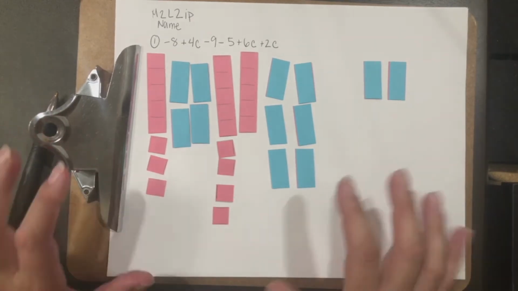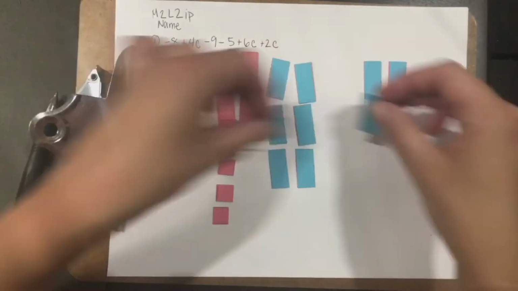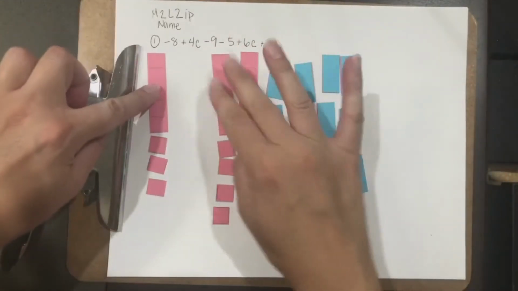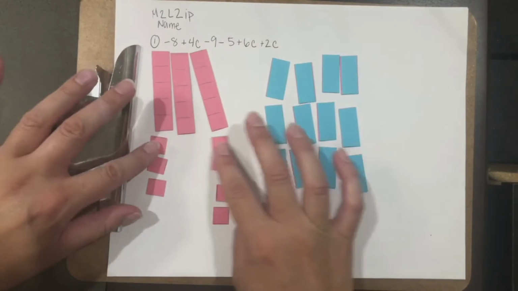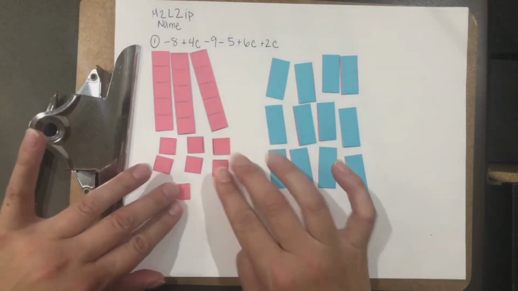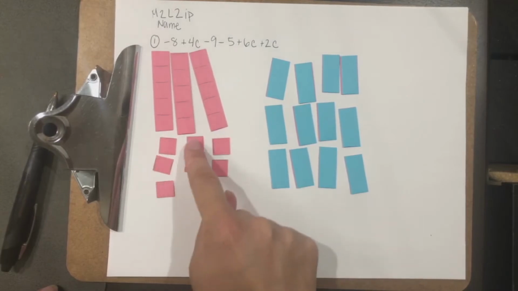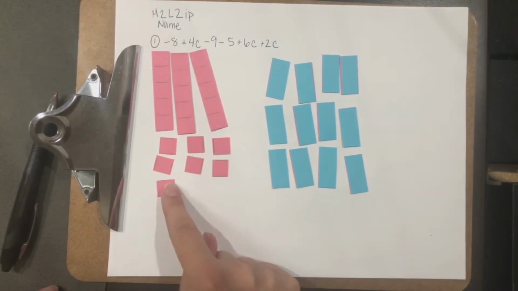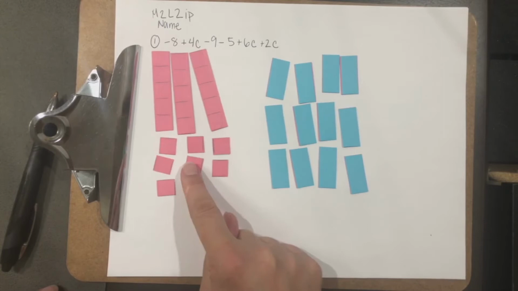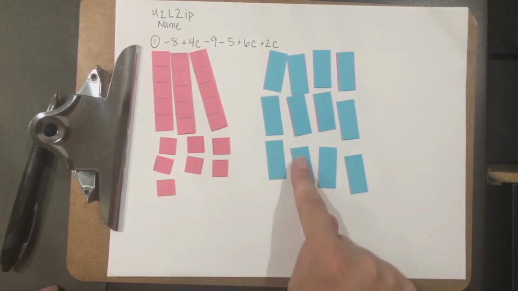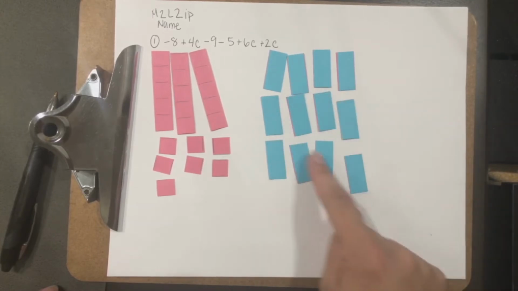So now we're going to arrange them by groups, and we can literally see what is going on here when we move these around. We're going to have 5, 10, 15, 16, 17, 18, 19, 20, 21, 22 negatives, and 1, 2, 3, 4, 5, 6, 7, 8, 9, 10, 11, 12 c's.